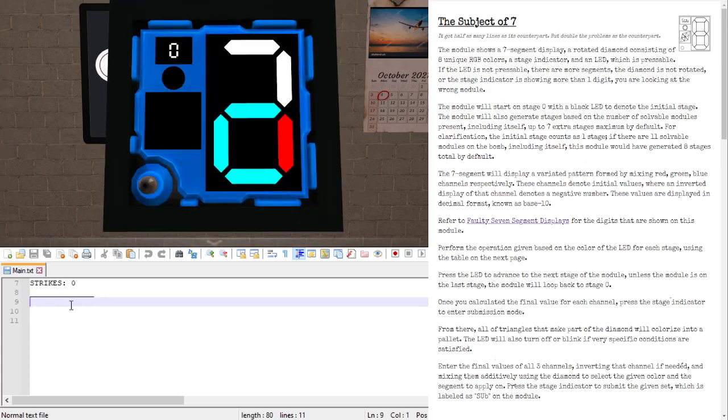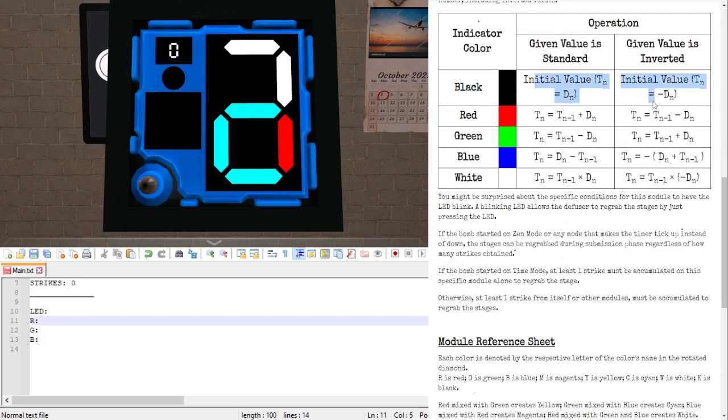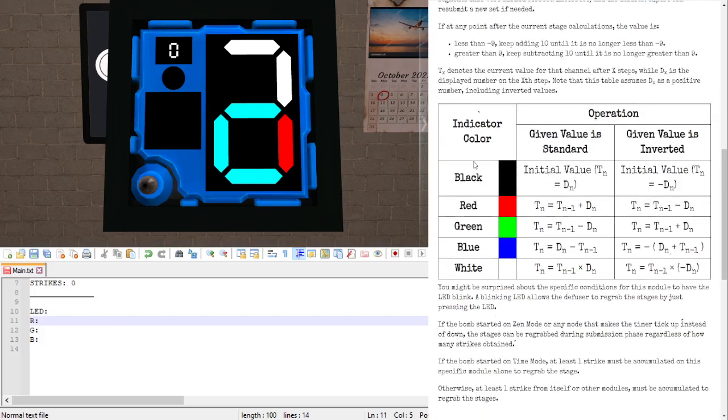The initial stage of the LED is always black, so we can just write LED, red, green, and blue. Those will be the numbers. The first LED is always black, so we don't have to write down the color. The black color on the LED means just initial, and stage 0 will always be initial. It will always be black, and none of the other stages will be black, because it would just override everything before it.